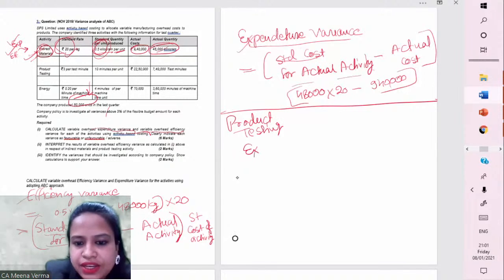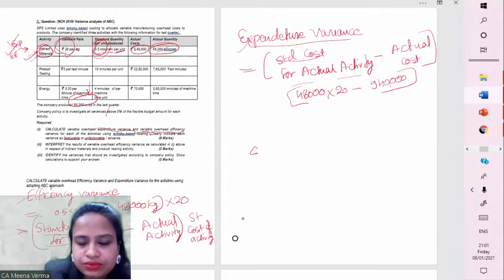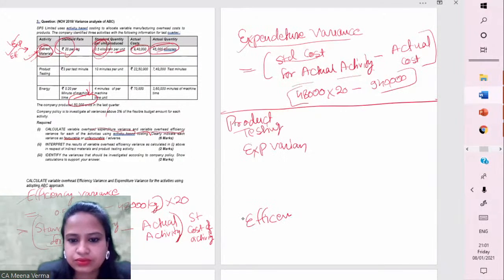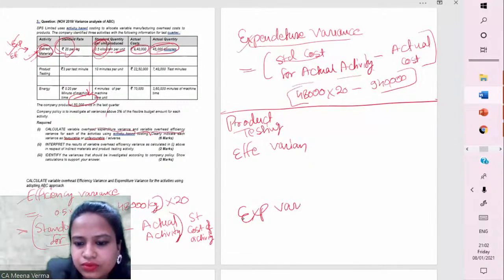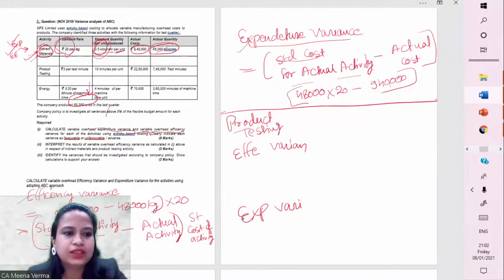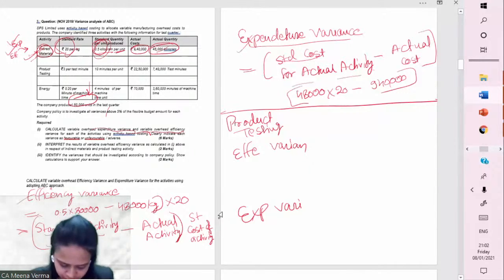First take efficiency variance, then expenditure variance. Calculate it. Give me the answer. I'm waiting to get an answer from all of you.